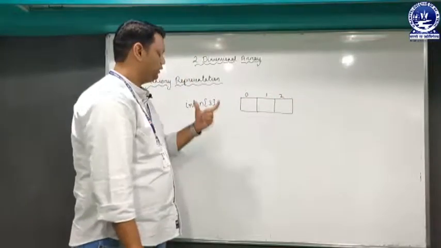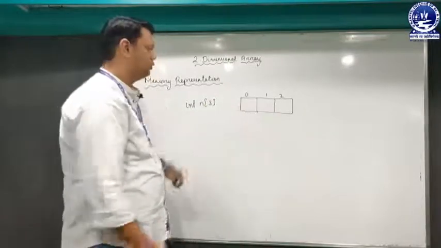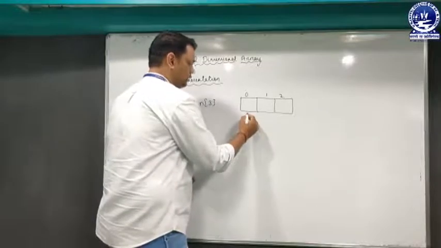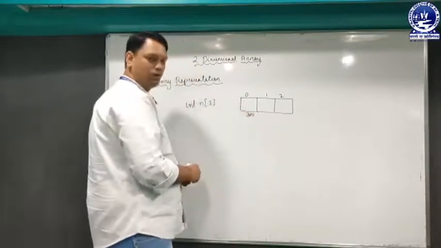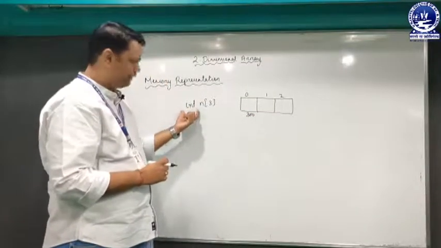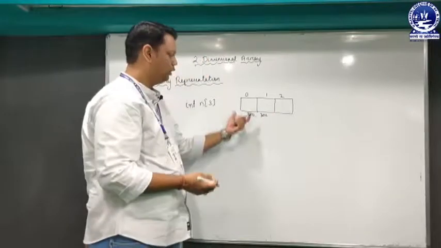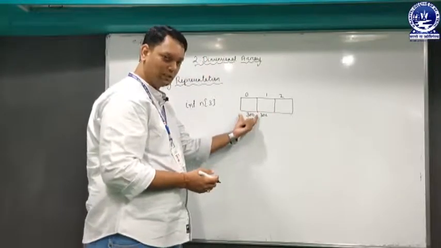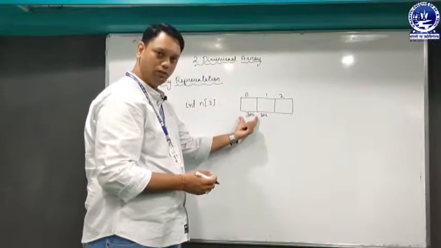Whenever we assign any value or store any element in the array, let's say the address of this memory is 300. As we know the capacity of int is 2 bytes, so the next address will become 302. Why 302? Because as it is of integer type, it will reserve the memory 300 and 301.